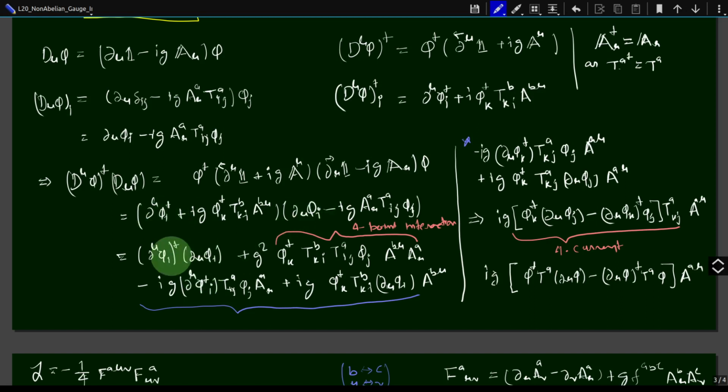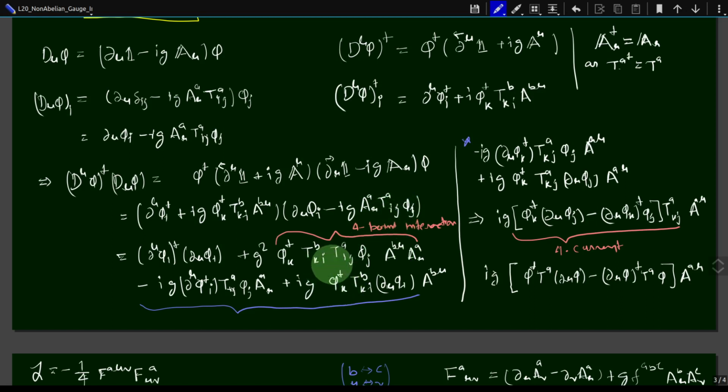So the first term with the first term just gives you the standard n-component scalar kinetic piece, which is del_mu phi_i dagger del^mu phi_i. Then let me do the second term with the second term. That gives me g squared phi dagger t^b A_mu^b, A^mu_a written over here, and t^a phi: phi_i, phi_j.